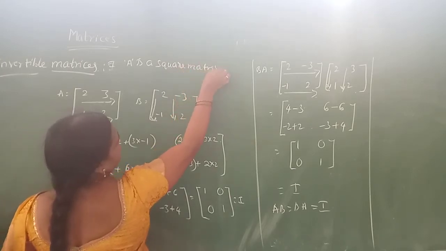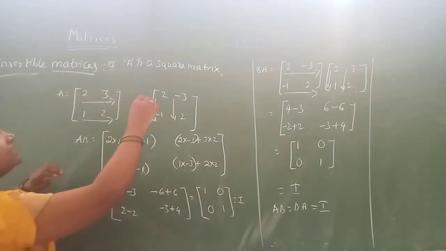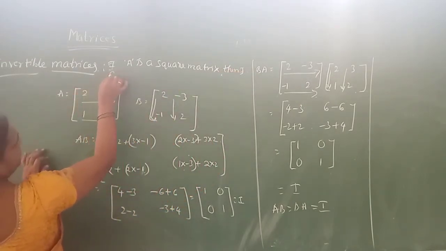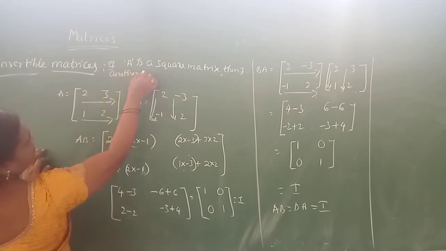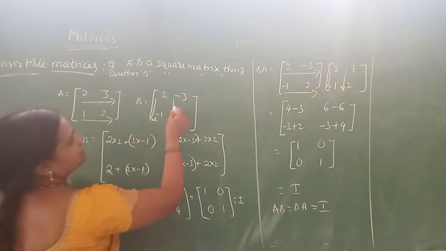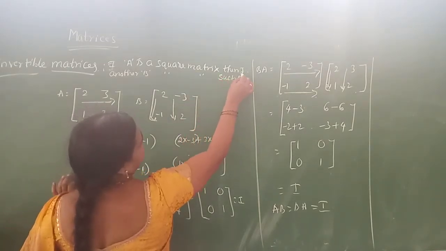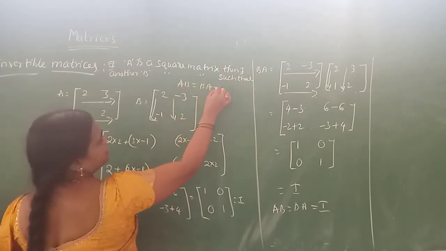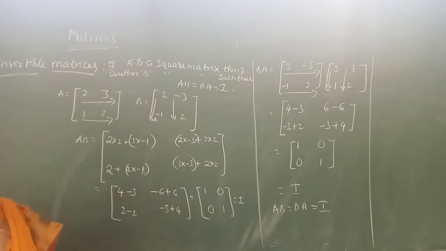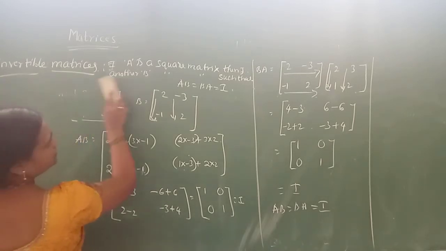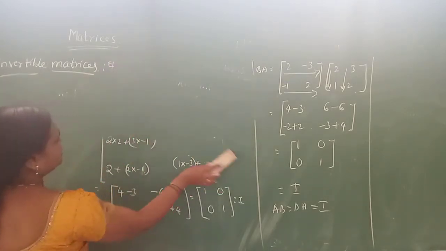If A is a square matrix, then there exists another matrix B, also a square matrix, such that AB equal to BA equal to I. This is called an invertible matrix. Remember that A and B are square matrices of the same order.